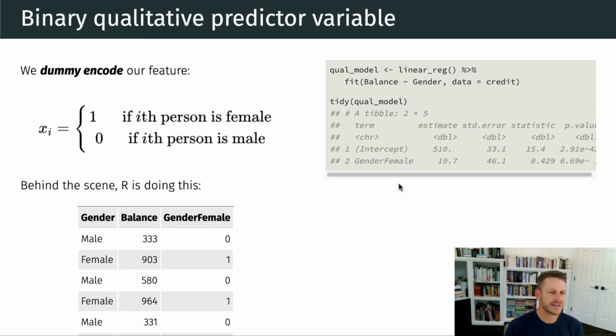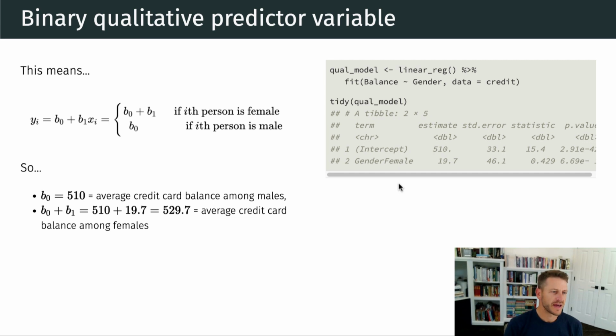What this means is that this beta naught, here 510, is the average credit card balance for our males.